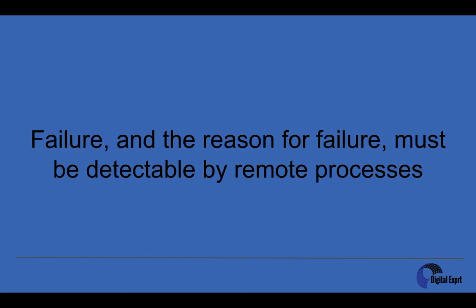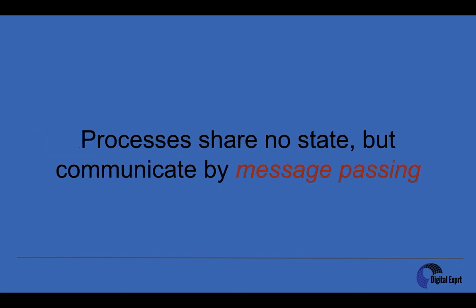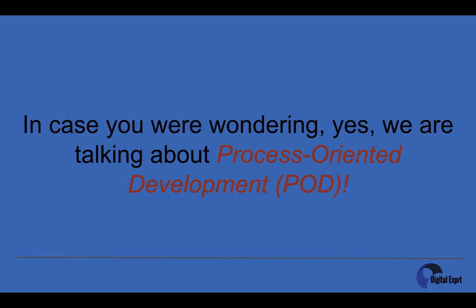Failure and the reason for failure must be detectable by remote processes. We already said that. So processes must share no state and just communicate by message passing. This is just recapitulating what we already talked about. And in case you were wondering, yes, we are talking about process-oriented development. So it's not object-oriented or this and that oriented.